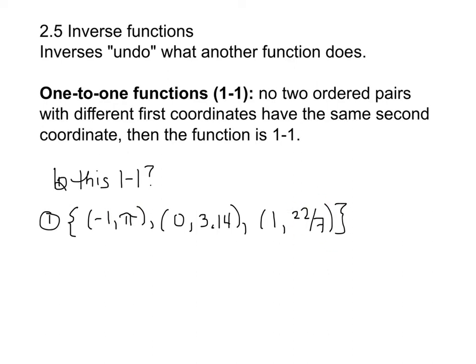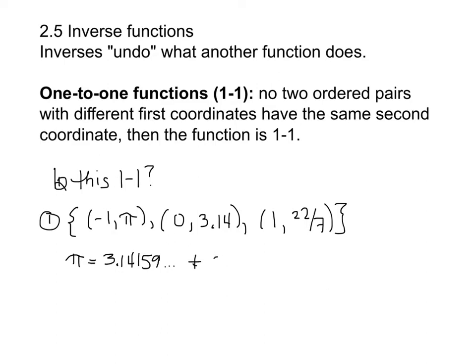Now I'm guessing if you guys were in class with me right now, about half of you would say, yep, it's one-to-one, and the other half would say, it is not. If you punch pi into a calculator, you get things like 3.14159, and it actually goes on forever.